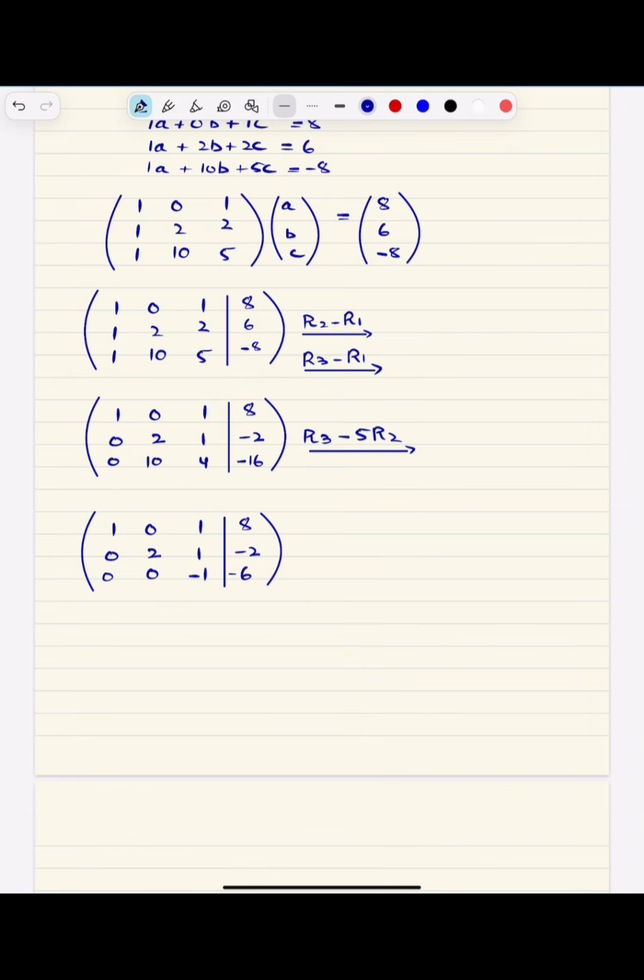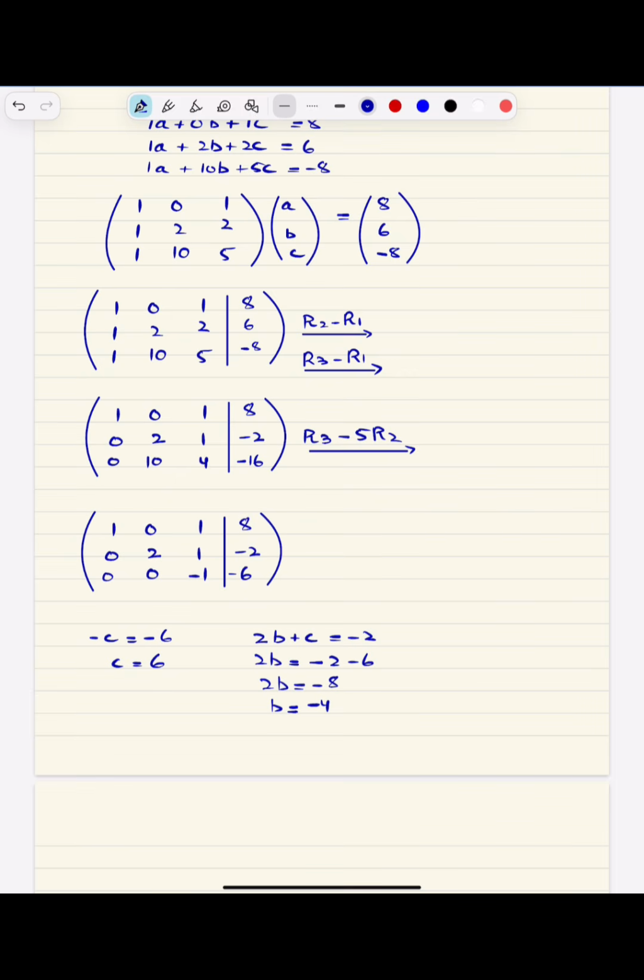So minus c equals minus 6. So c is just 6. Then we have 2b plus c equals minus 2. So 2b is minus 2 minus c, which is minus 6. So 2b equals minus 8. So b equals minus 4.